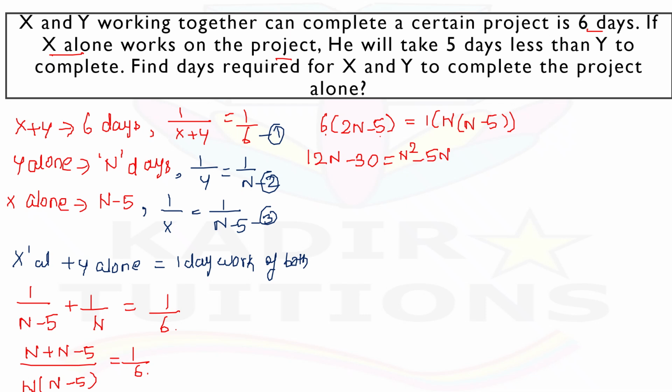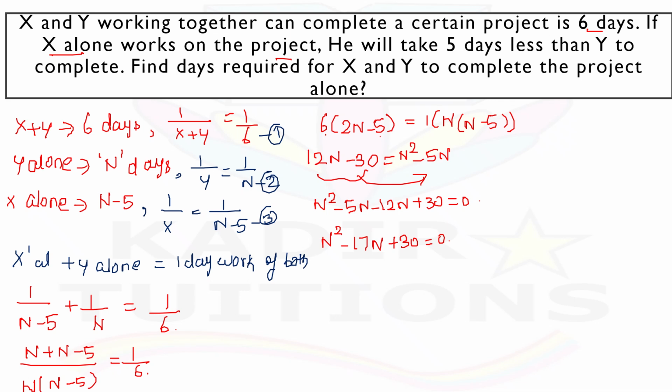Now we are going to shift these two terms to the other side. So it will become n square minus 5n minus 12n plus 30 equal to 0. So it is n square minus 17n plus 30 equal to 0. Now we got the quadratic equation.